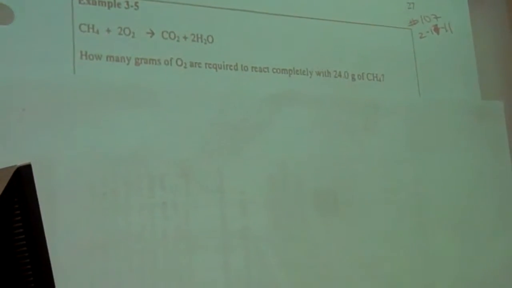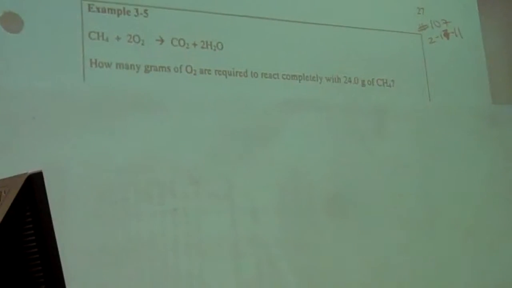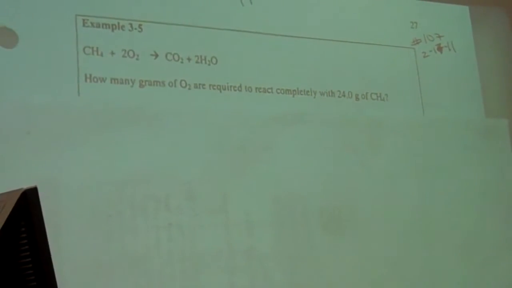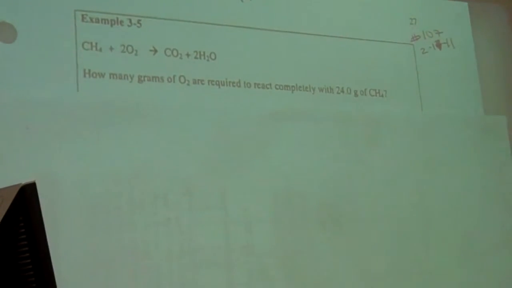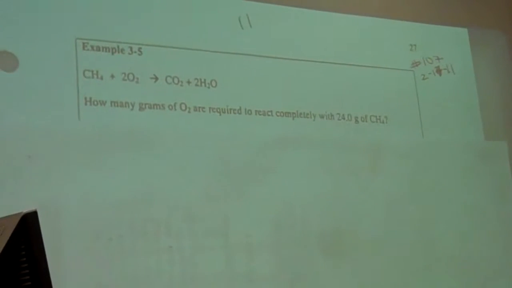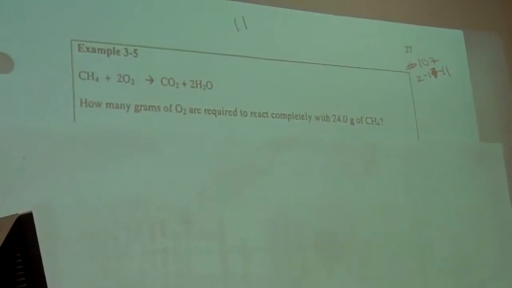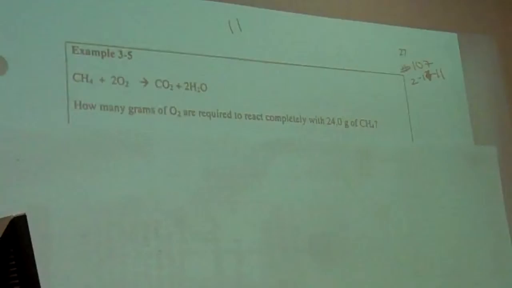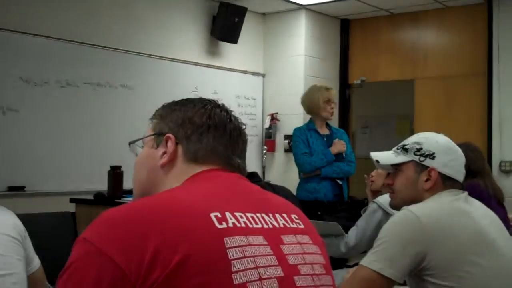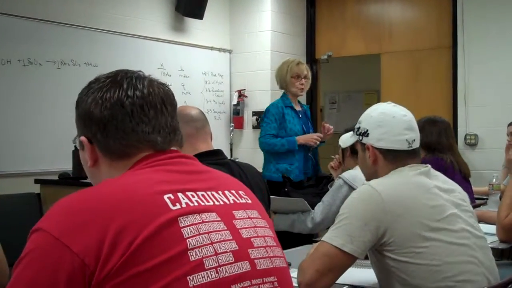Let's just do some really easy mole work in our head. Look up there. Every time I have 1 mole of methane, how many moles of oxygen do I need? 2. If I have 2 moles of methane, how many moles of oxygen do I need? 4. If I have half a mole of methane, how many moles of oxygen do I need? 1. Those are mole to mole. That's the first type, and if the numbers aren't too nasty, you can just do it in your head.